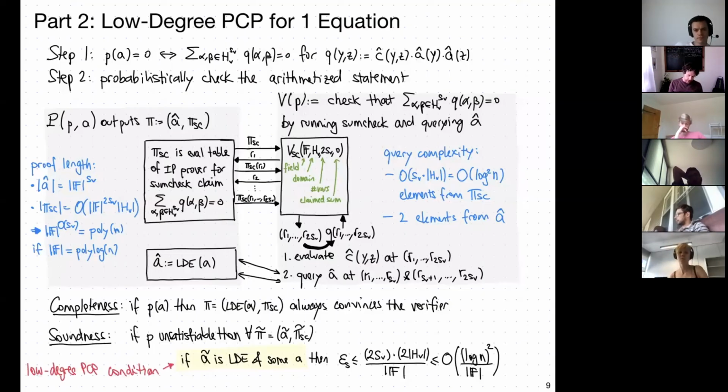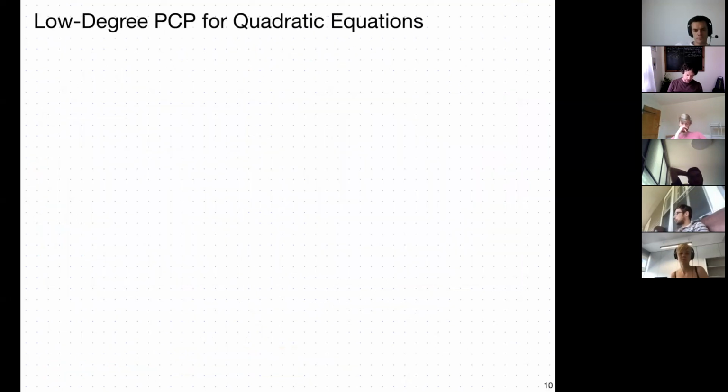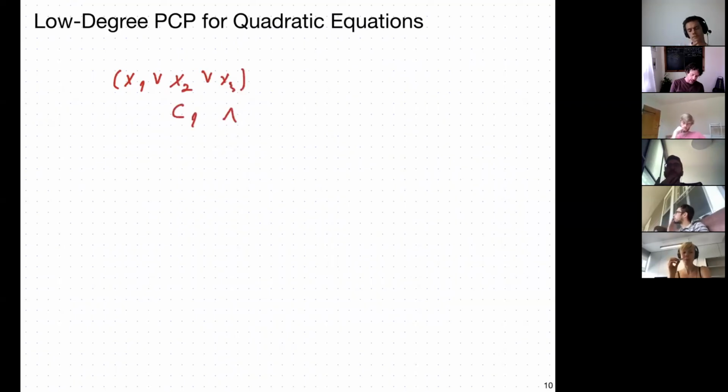Maybe a good way to think about it is in a simpler setting. Suppose that you have this 3-SAT formula. So you have clause 1 and clause 2 and clause 3 and so forth. And then you can write this low degree extension, which would give you an indicator of whether each C_i is being satisfied.